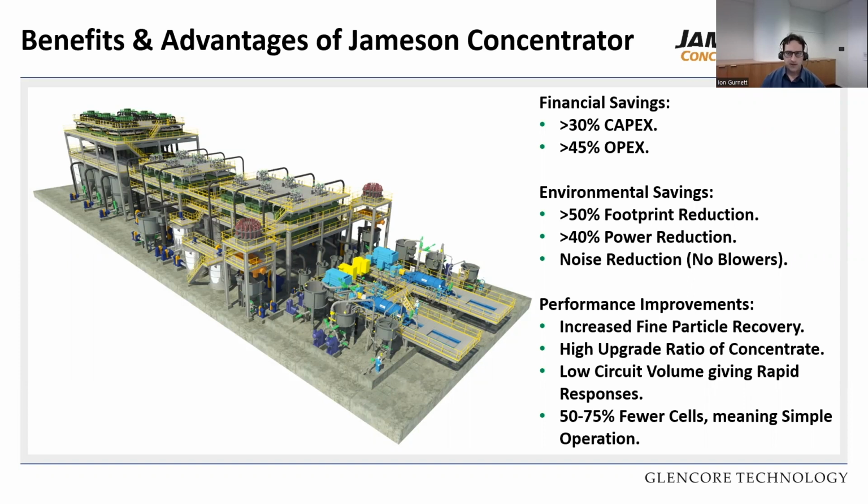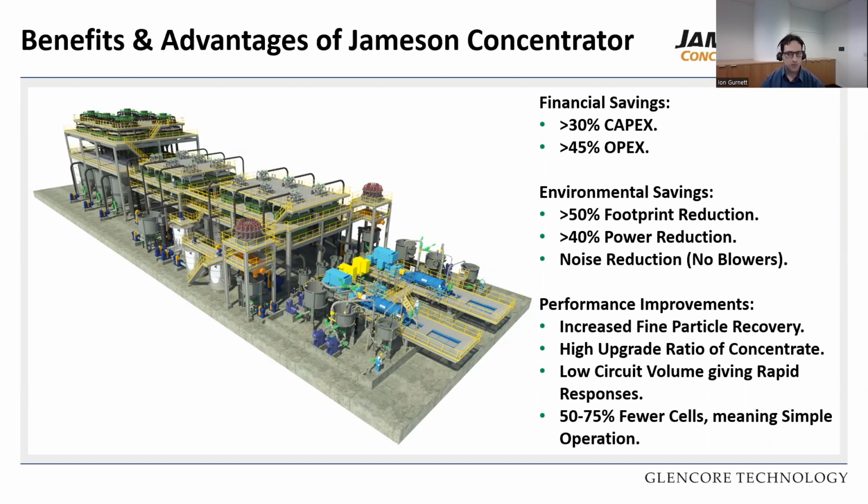By putting it all together, you can have significant savings in CAPEX, just basically due to footprint reductions and reduced equipment. Significant savings in OPEX because you're not paying for conventional agitator style designs. There are environmental savings where you get that smaller footprint, which is significant, and less noise due to fewer blowers and fewer agitators. And most importantly, you get significant performance improvement due to the Jameson cell technology with the IsaMill.